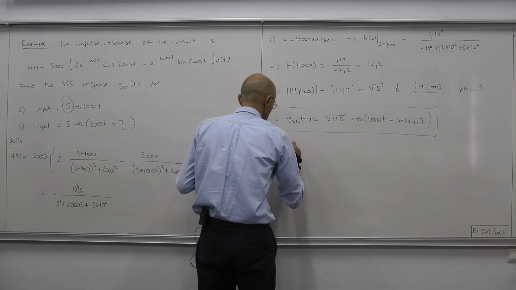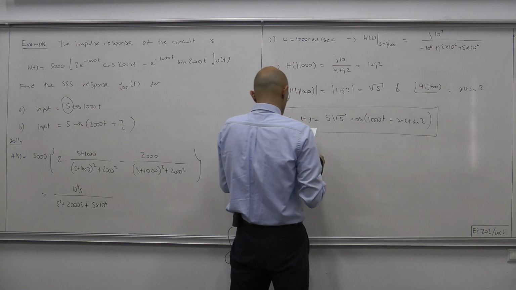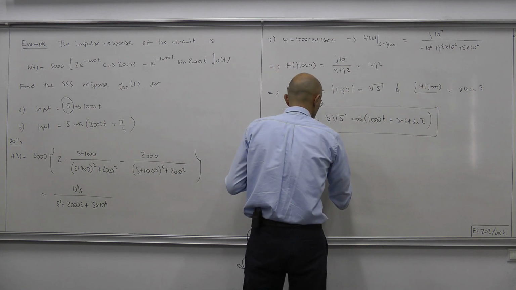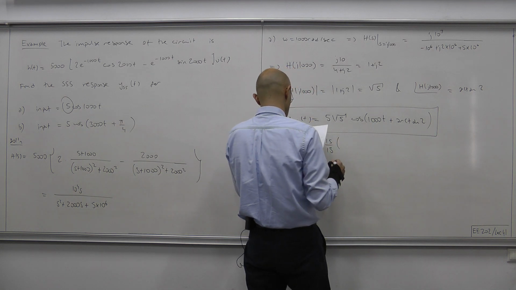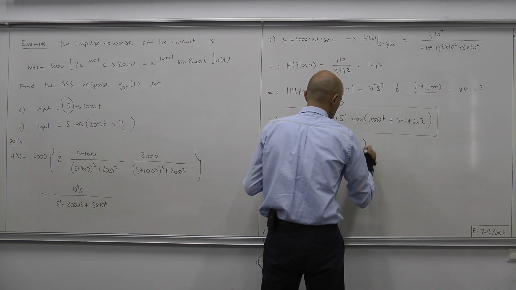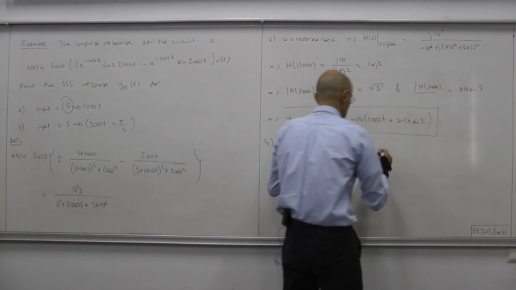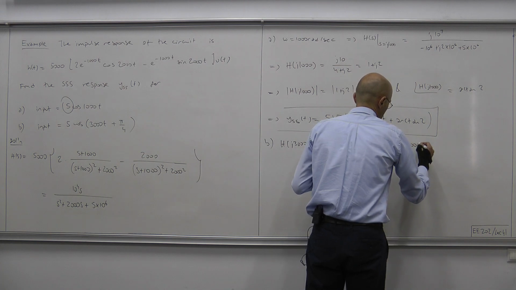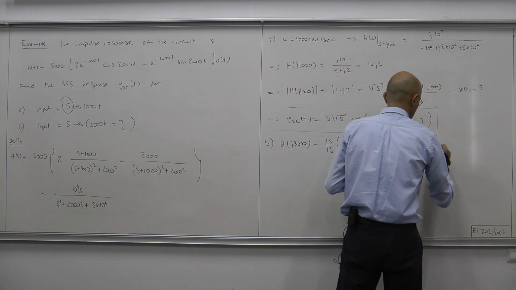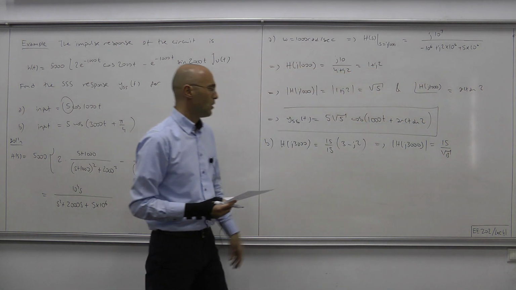H(j3000) can be computed to equal 15 over 13 times (3 minus j2), and that produces the following magnitude: 15 over square root of 13.